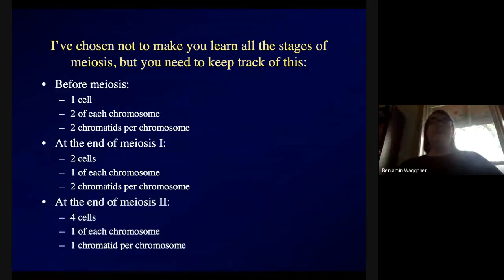And then at the end of meiosis 2, we have four cells. Each cell contains one of each chromosome, and each chromosome consists of one chromatid. That's what you need to absolutely know, plus a couple of other things I'll show you in just a minute. But here's what this looks like.